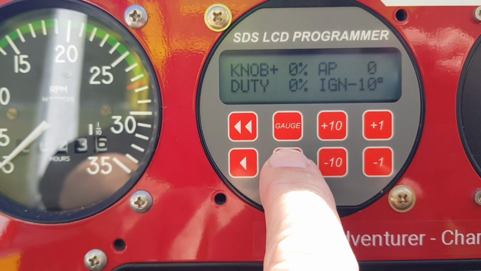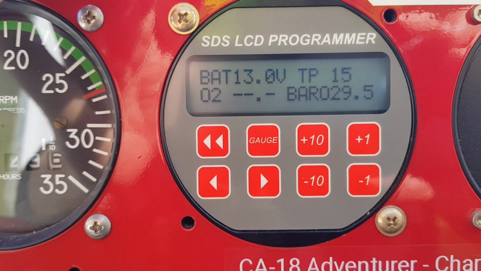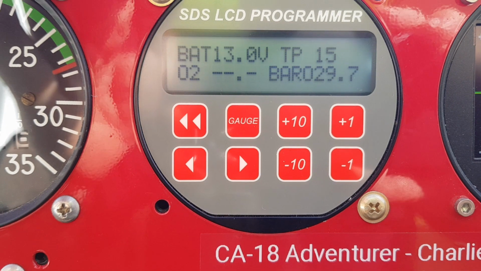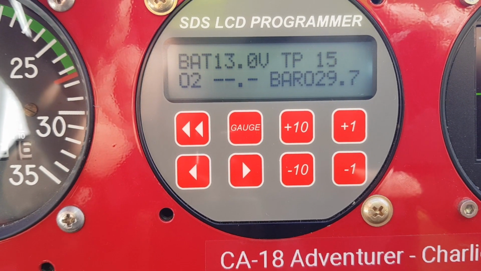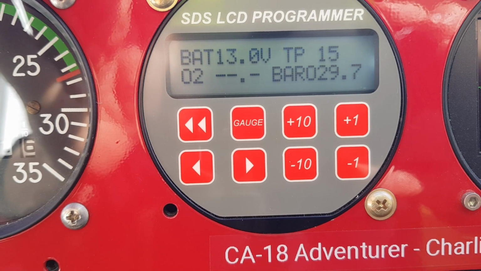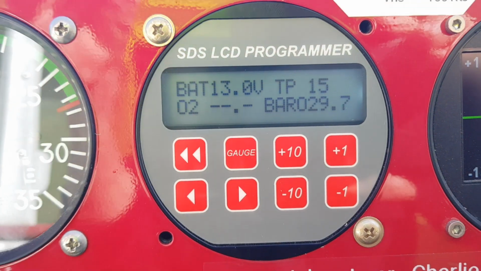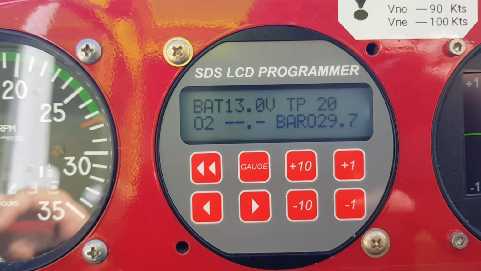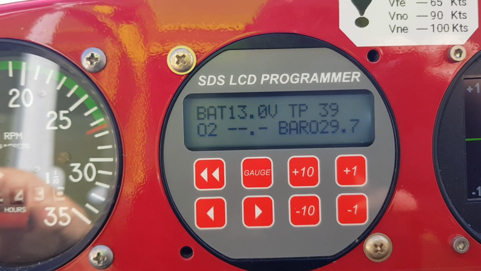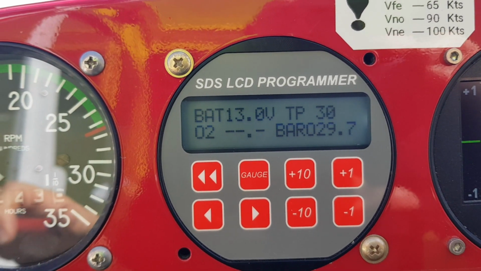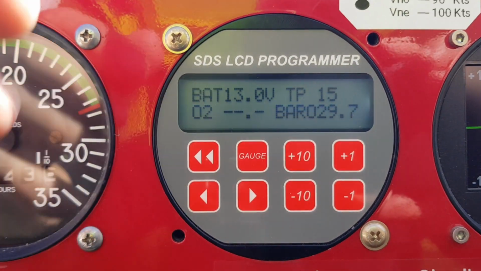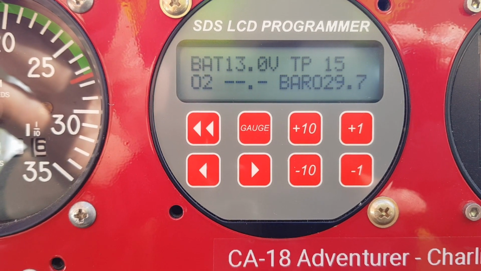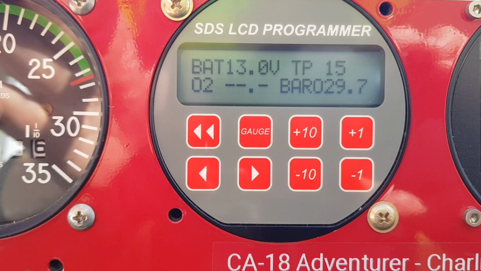If we push this button one more time, it goes to gauge 3, which I would say is the one that you'd fly with the majority of the time. Top left is battery state, 13 volts. Top right is TP, the throttle position, and if I advance the throttle you'll see the TP number going up and then coming back down again. Down the bottom left is O2, which is the air fuel ratio.